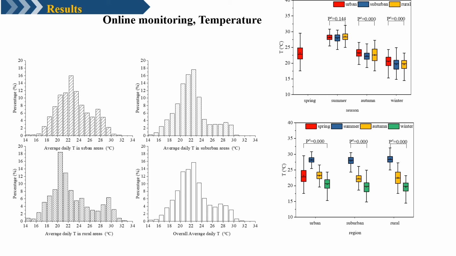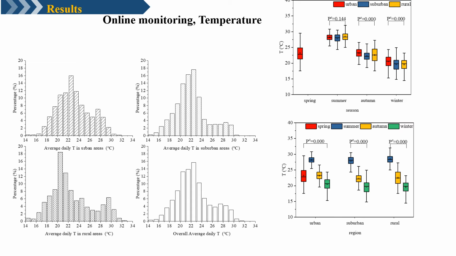Now let's look at the temperature distribution. Generally speaking, the room temperature ranged from 4 degrees to 33 degrees with an average value of 23. The seasonal distribution of indoor air temperature shows that we had the highest temperature in summer, the lowest in winter, and spring and autumn in the middle.